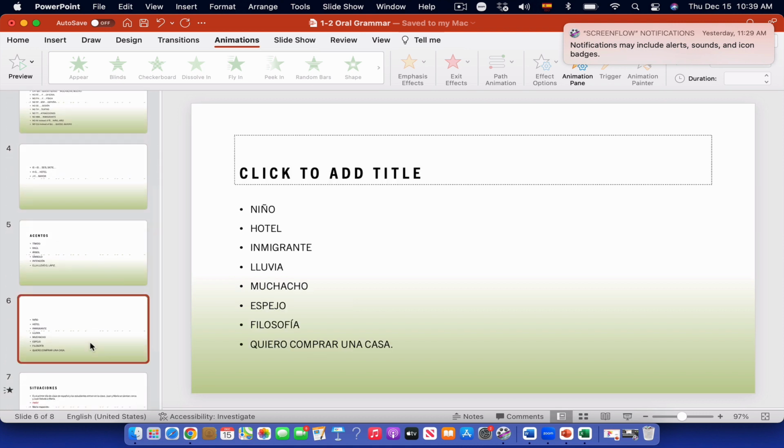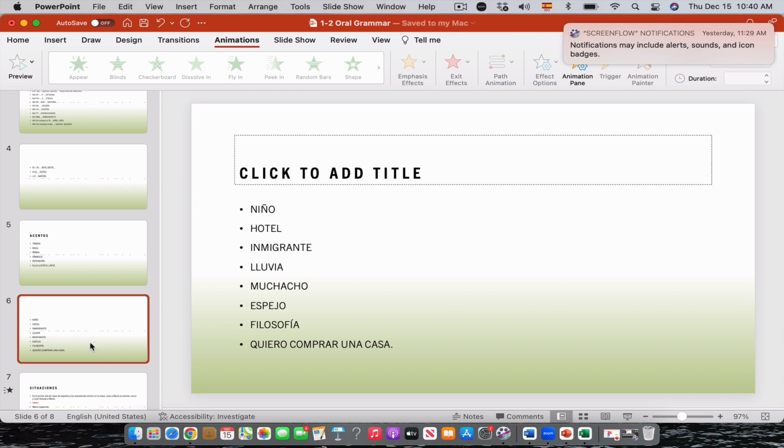Now, in this case, you have a group of words that basically has the things that we have seen so far. For example, the first one, you have to say niño. You see the ño sound right there. The second one is hotel. You see the H is there, but we don't say it. It's hotel. Right? The next one is inmigrante.